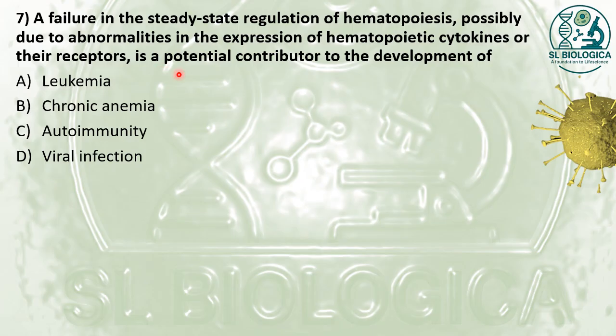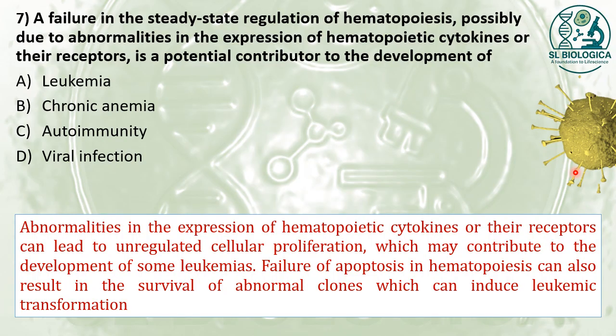So they are asking about the lethal condition that is associated with malfunctioning or a failure of the regulation of these cytokines. So let's look into the scenario. Abnormalities in the expression of these hematopoietic cytokines or the receptors to which they bind will ultimately lead to unregulated cellular proliferation.